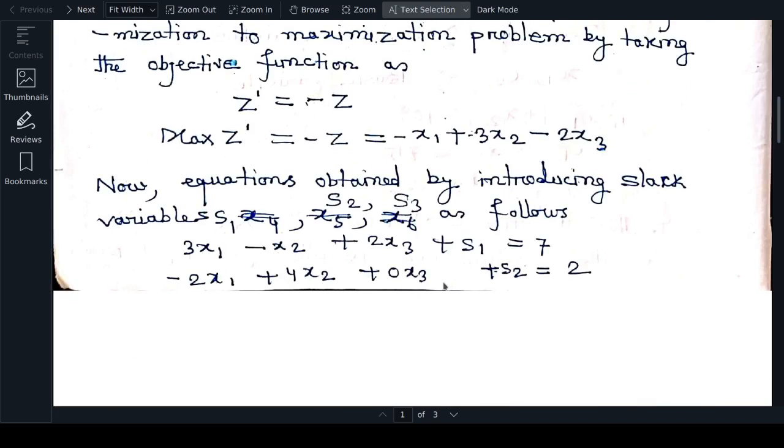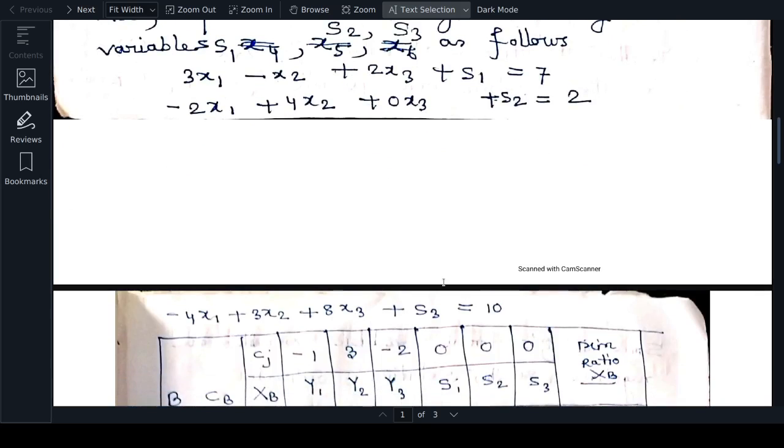Slack. Here we use a slack variable. So for the first constraint we use slack variable S1, for the second constraint slack variable S2, and for the third constraint slack variable S3.